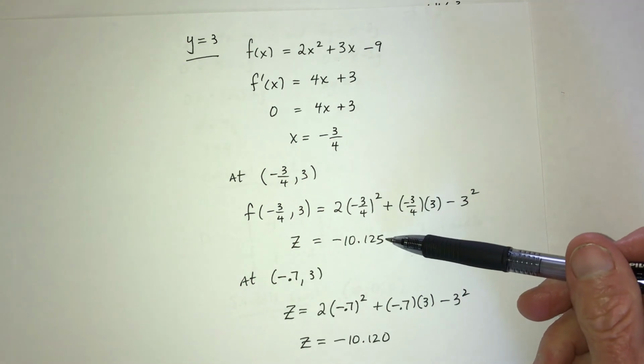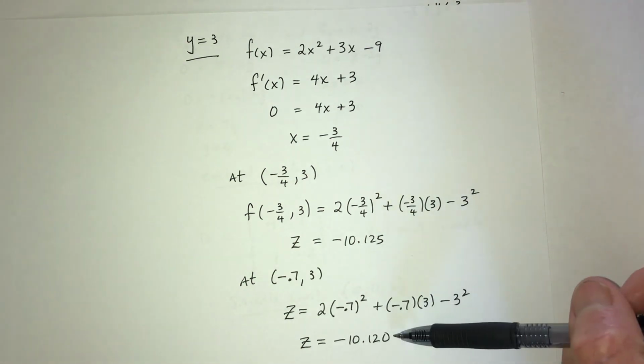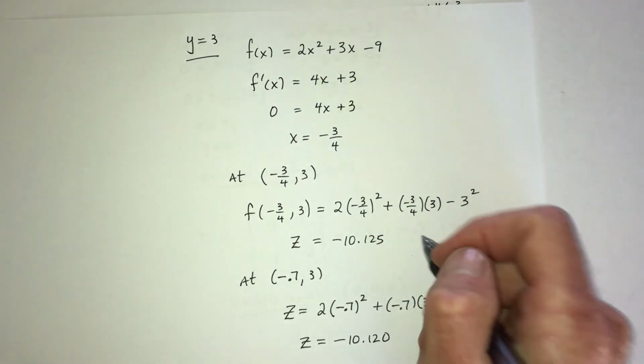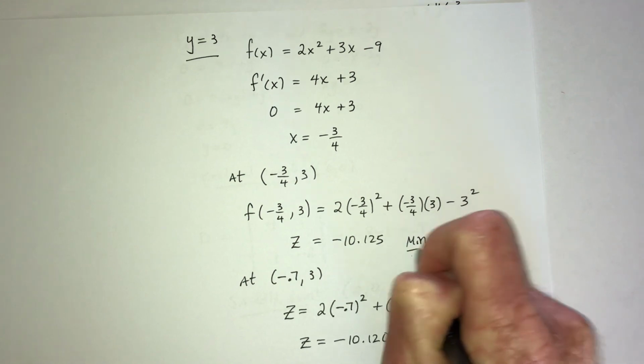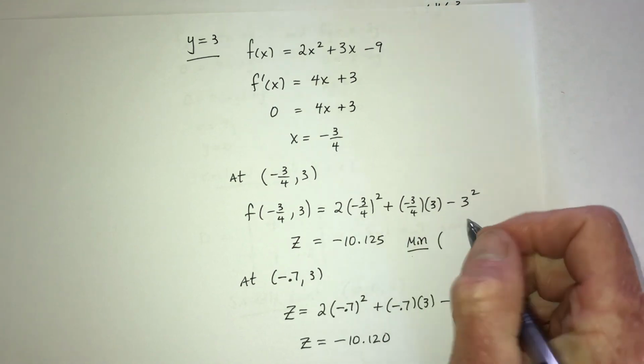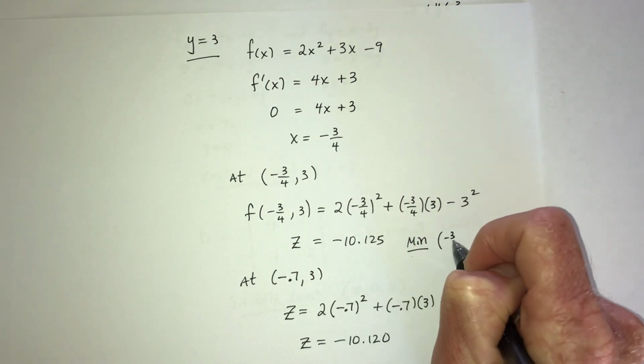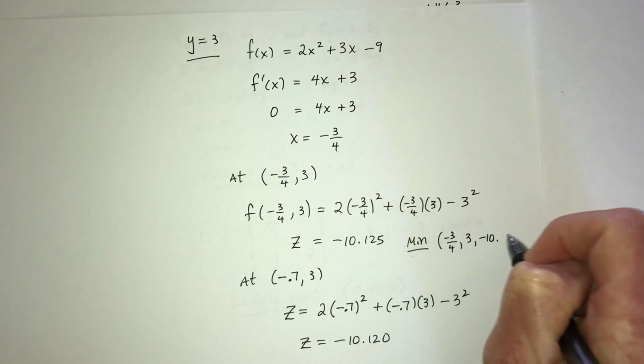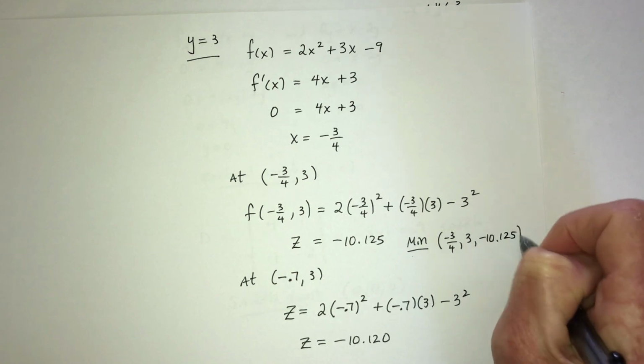So this is actually smaller than this, so this is actually a minimum. So there's a minimum where x was negative 3/4, y was 3, and the z value is negative 10.125.